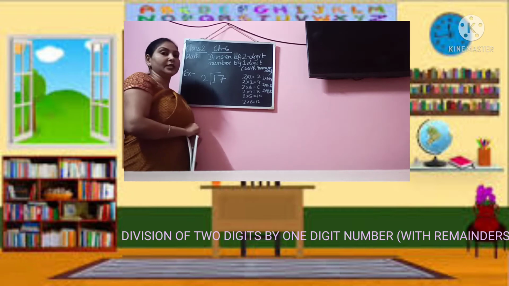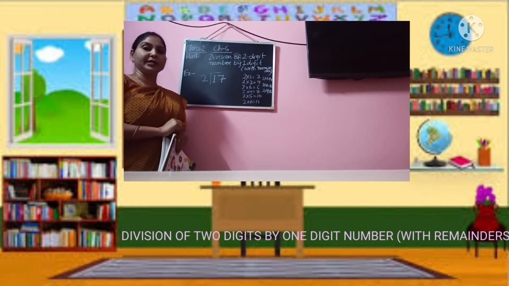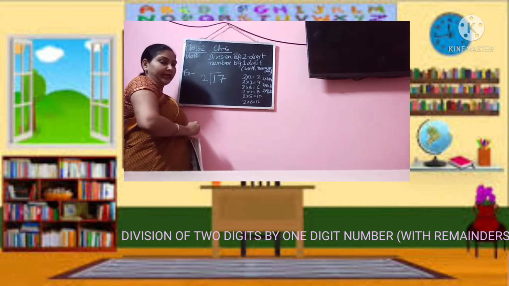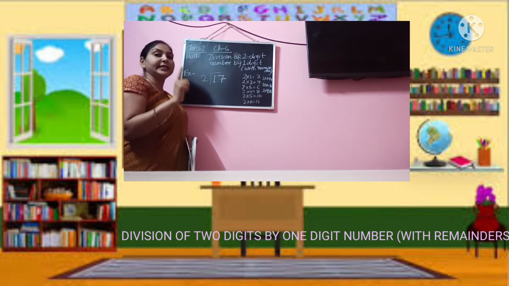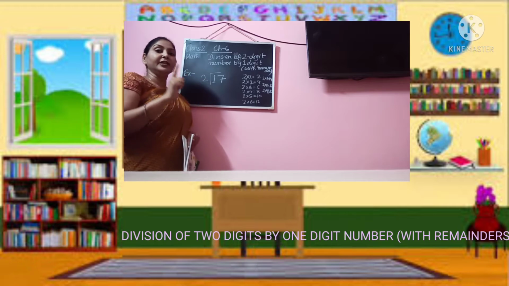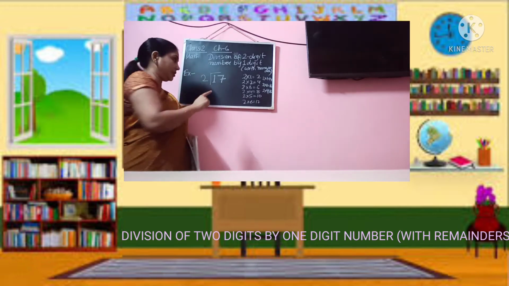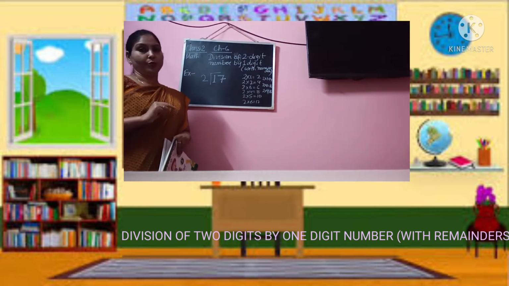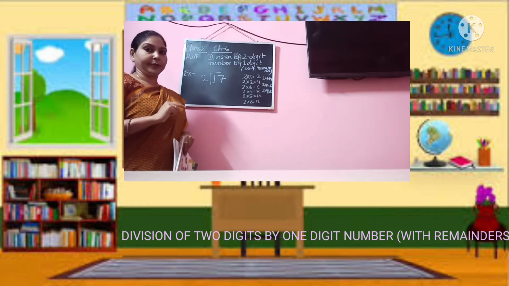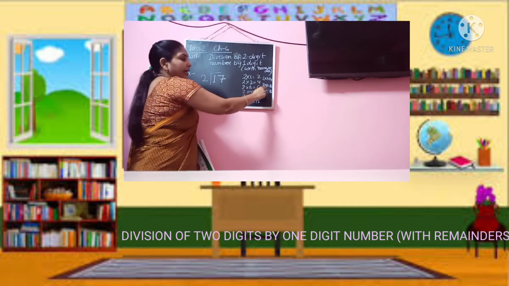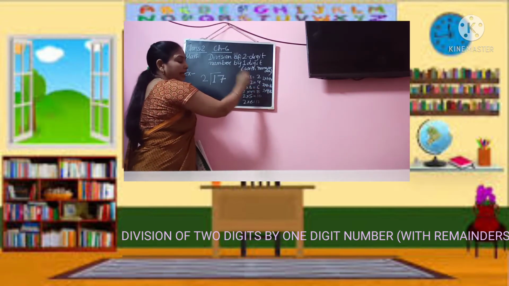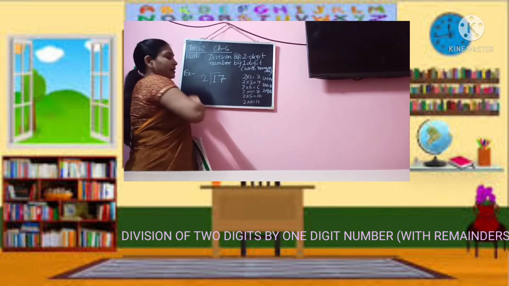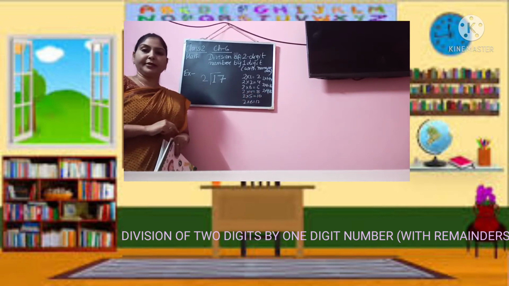It is because I have already mentioned in the previous class that the remainder which you will get after subtraction should be less than the divisor. Remainder should always be less than the divisor. So divisor is 2, your remainder should come less than 2. Then only it is correct. So we cannot take 2 9s are 18 also. Why? Because 18 is bigger than 17, so we cannot subtract.